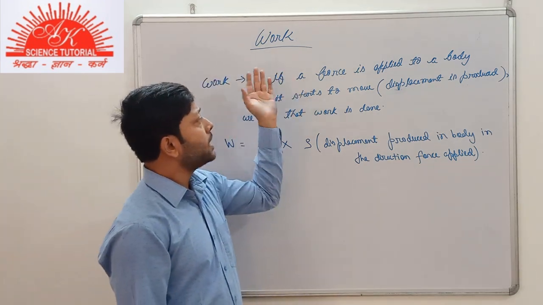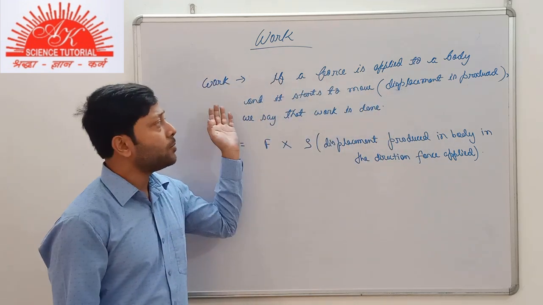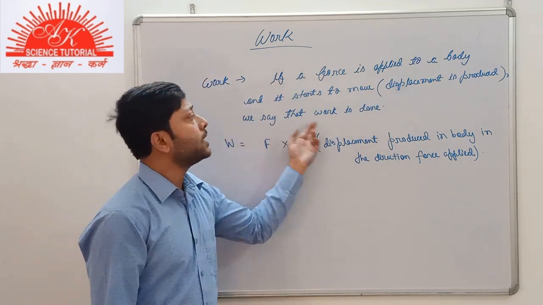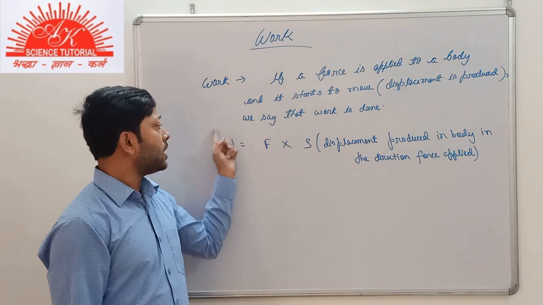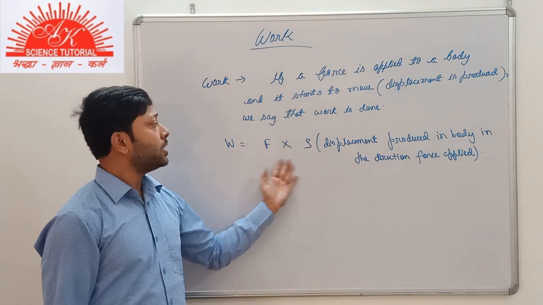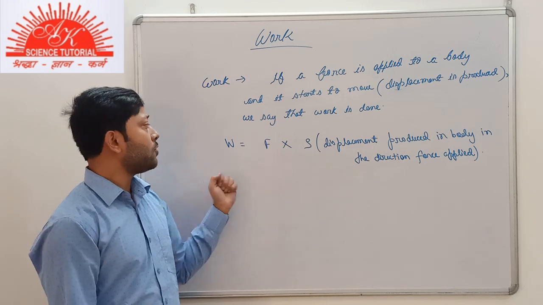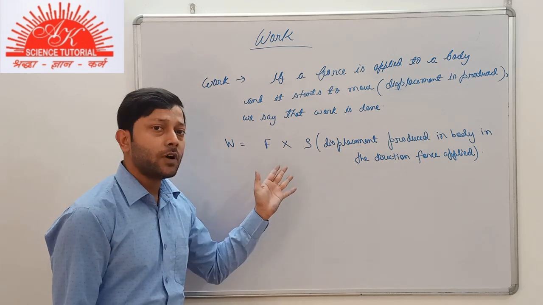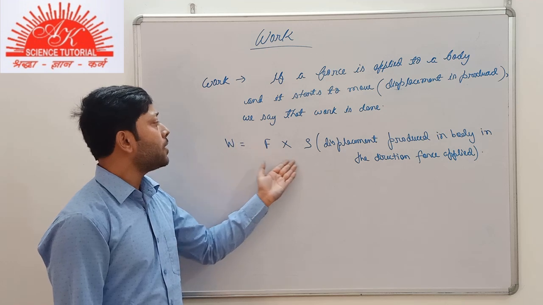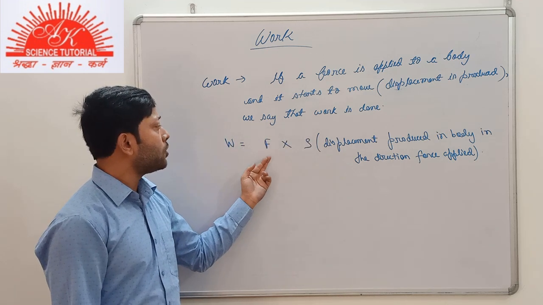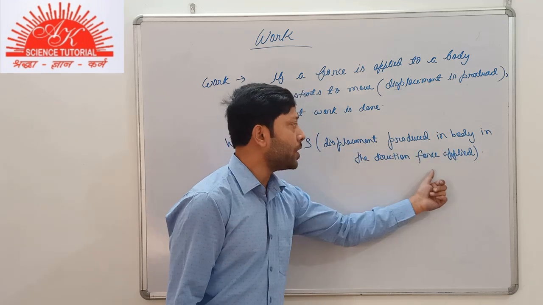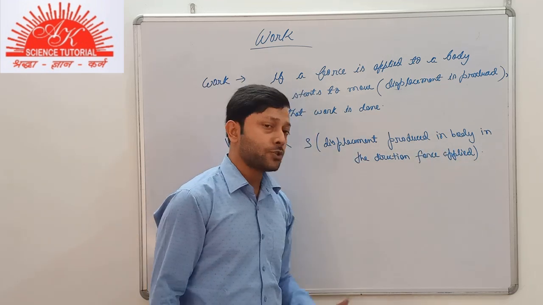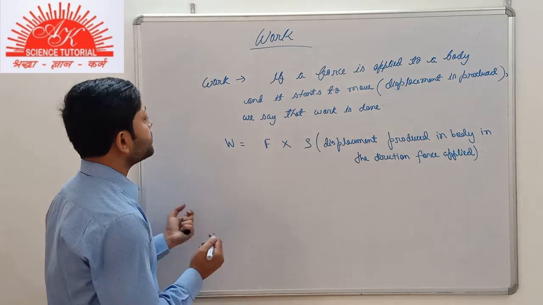Work, what is it? If force is applied to the body and the body starts to move, then work is said to be done. And the numerical part, you have to mention the formula of it, the expression for work. That is, how can we find the magnitude of work? By finding the product of what? The force applied to the body and the displacement produced in the body. In which direction? In the direction of force applied.